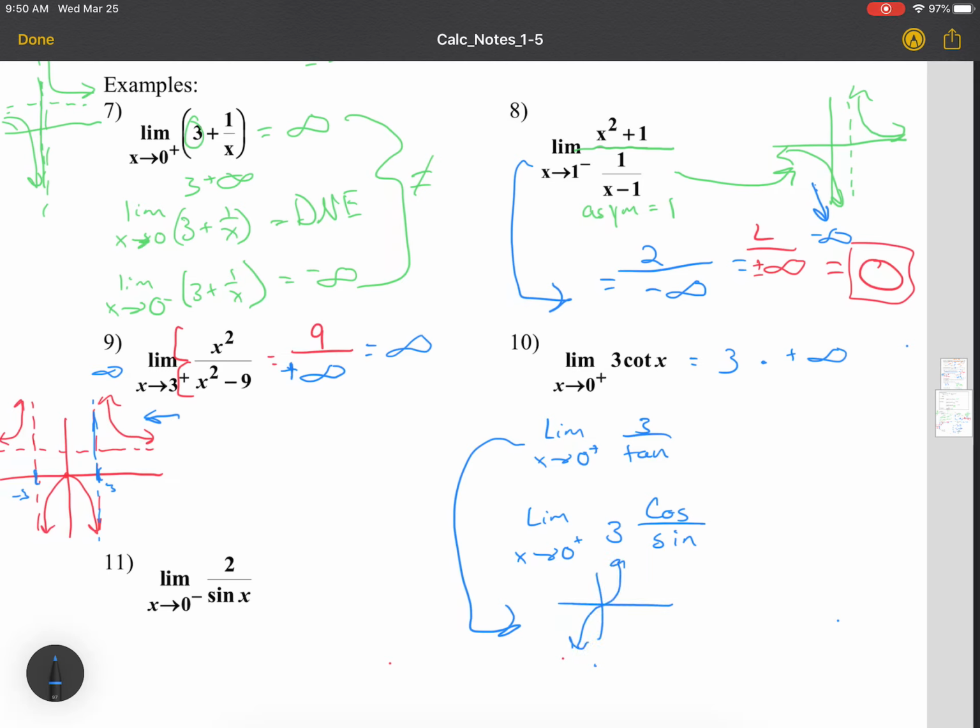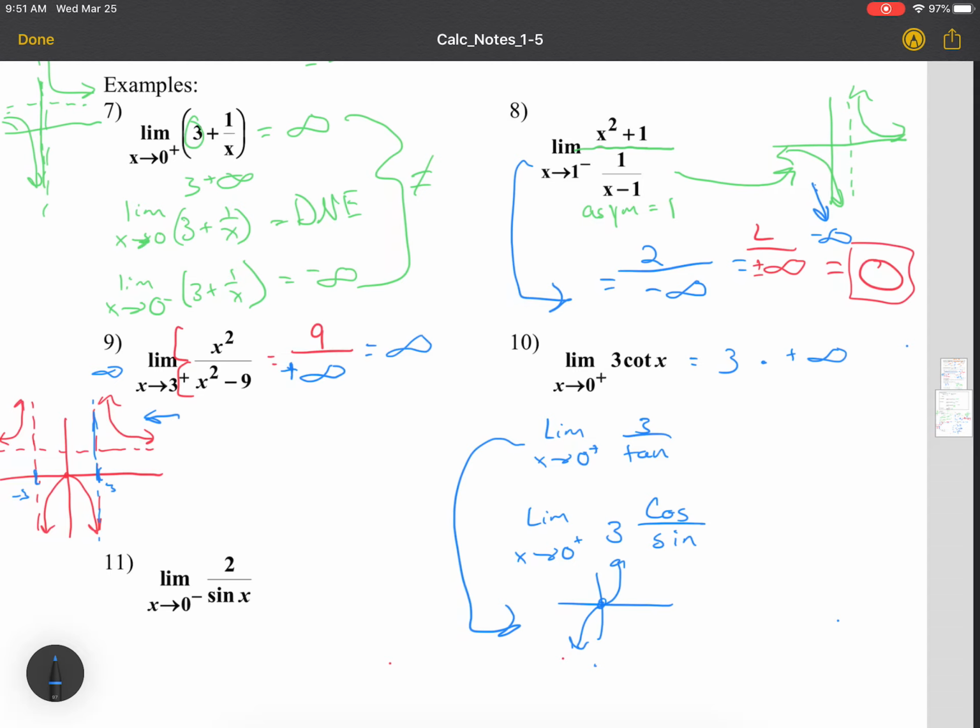That's the one that kind of does one of these. You can see that as it approaches 0, it approaches from above, and then it goes to infinity. We know that's positive, so that's why we're getting a positive infinity.